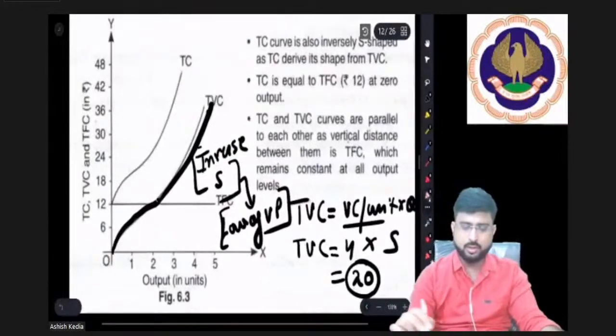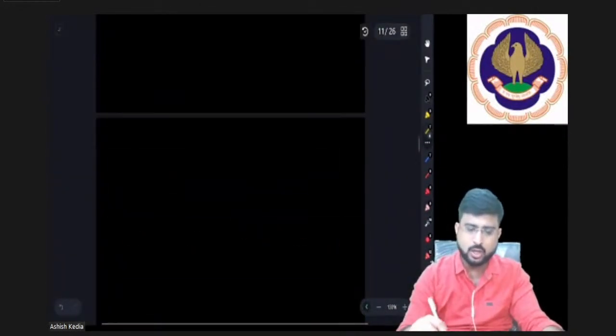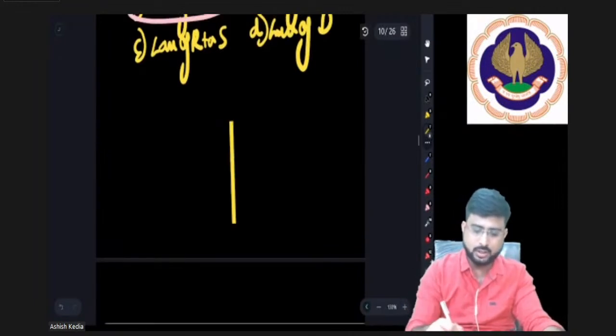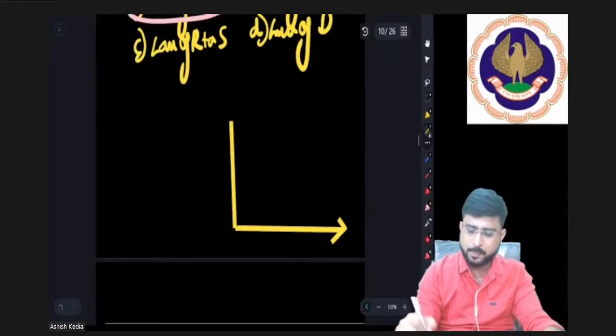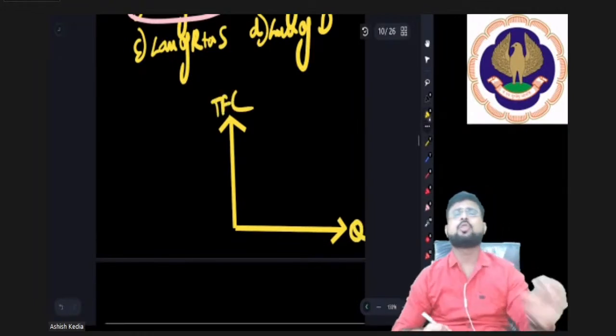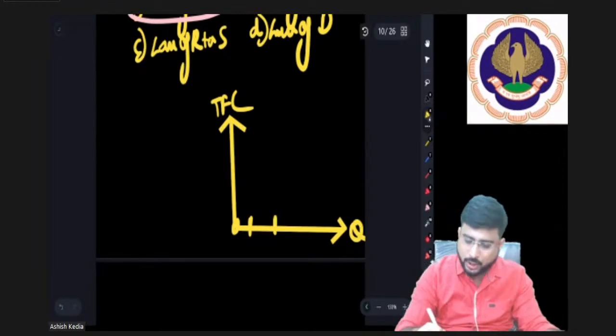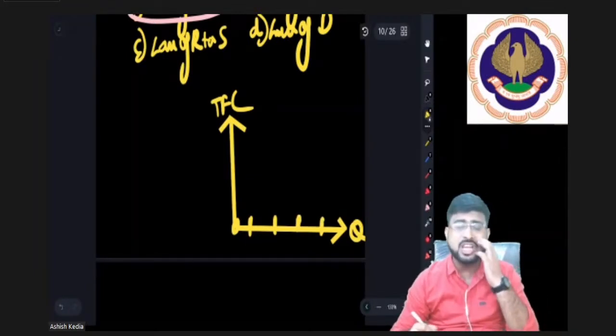Now moving on. My dear friends, total fixed cost. Now, what is the shape of total fixed cost? It's like this, friends. Suppose I draw it here. Let's say this is the total fixed cost level and this is the quantity level. Let's say rent. If you produce no unit, 1 unit, 2 units, 3 units, 4 units, will my rent change?